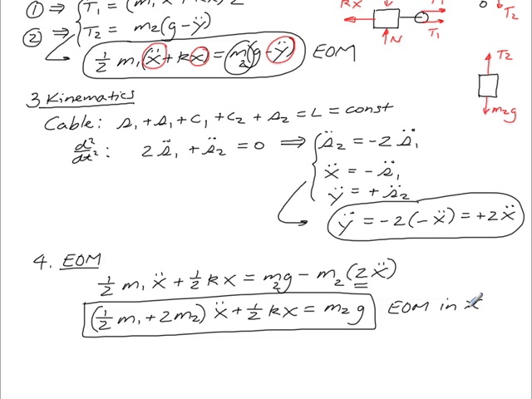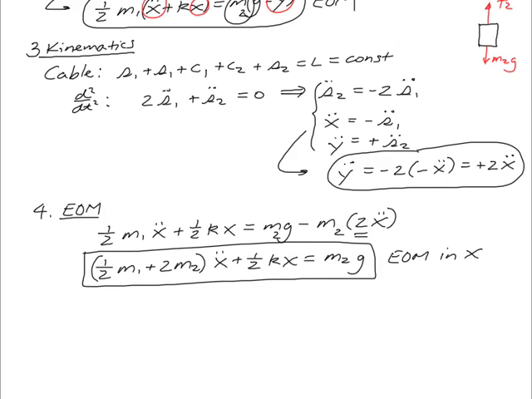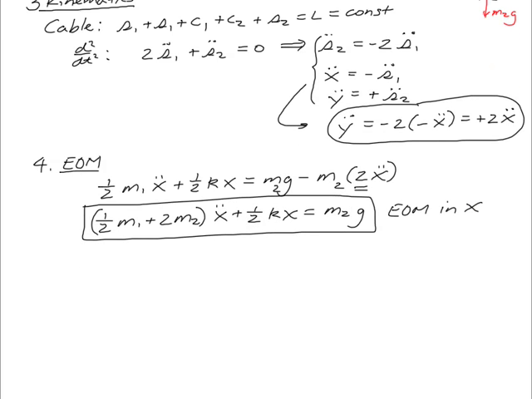The second part of this question says, what if we want to write it in terms of something else? And that is going to be an equilibrium state. Equilibrium state basically says that the accelerations and velocities are zero. So it says that 1/2 k, I'll call it x naught, is equal to m2g.